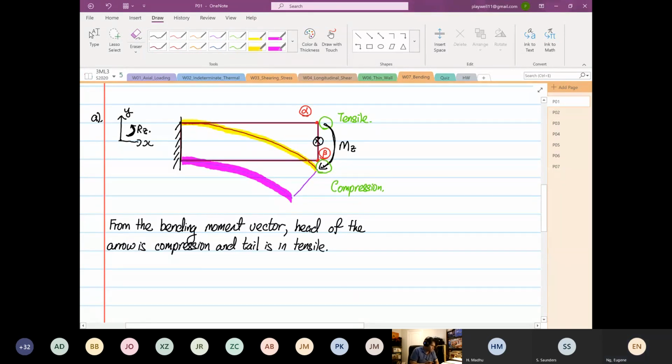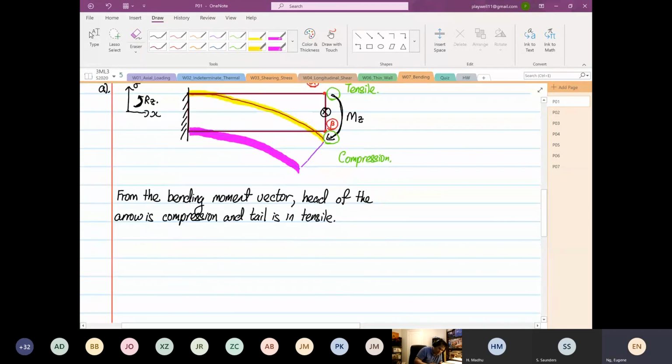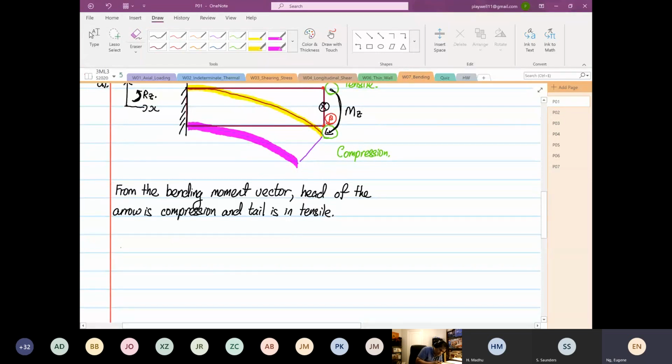So now the formula that we're going to apply is stress X is equal to MZ over IZZ multiplied by y. So we're going to draw this out now.